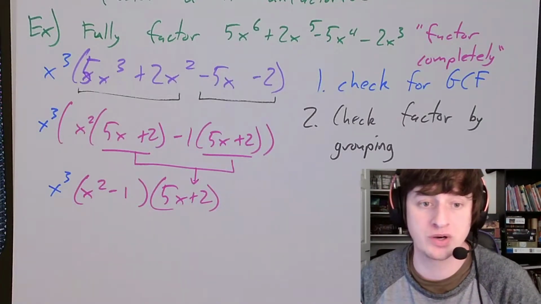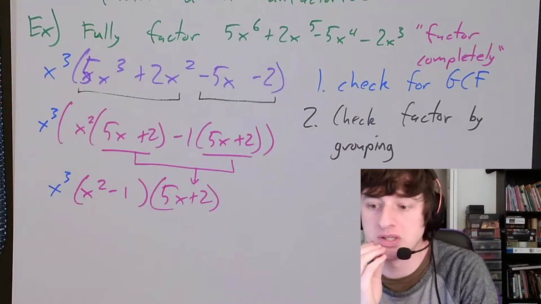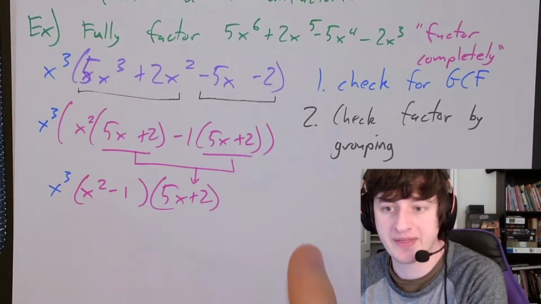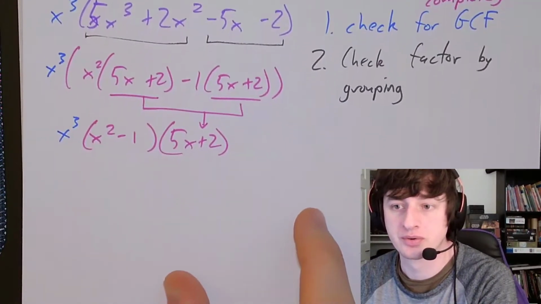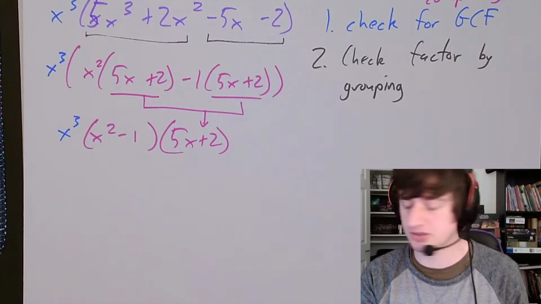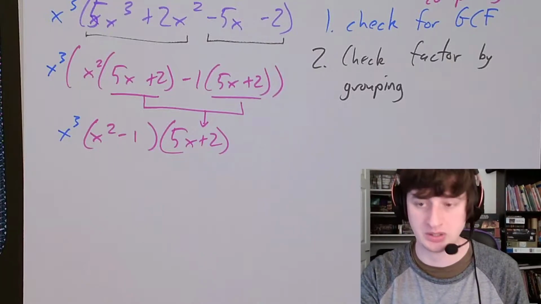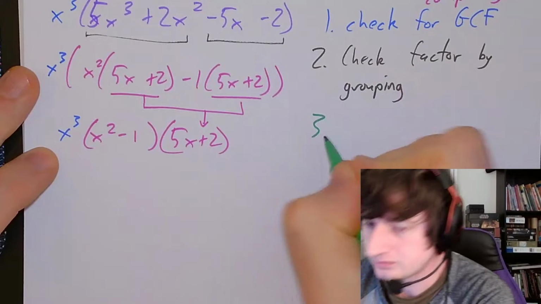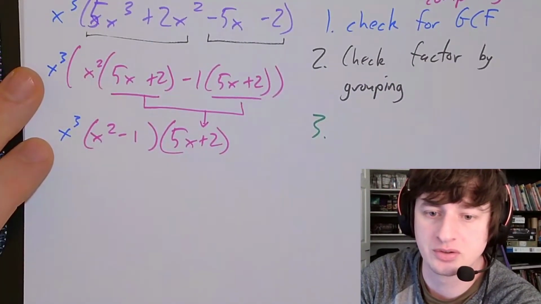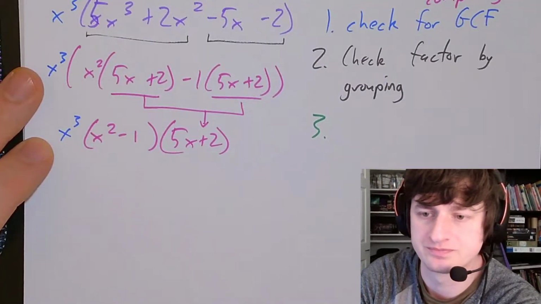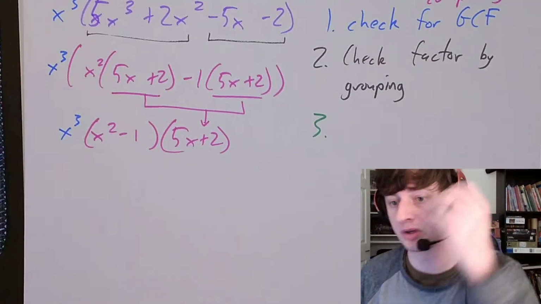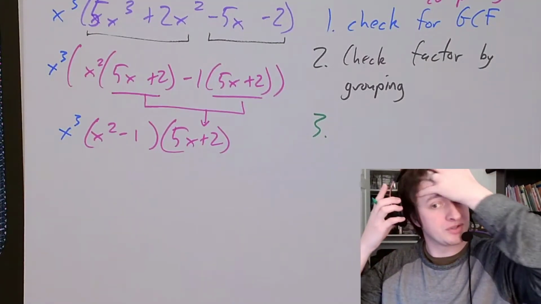And now here's where the fully factoring really happens. We factored by grouping, but we're left with this x squared minus 1. That can be factored further. We can turn that into a product of two parentheses. If you remember back to last semester, probably around November, we were working with quadratic functions.